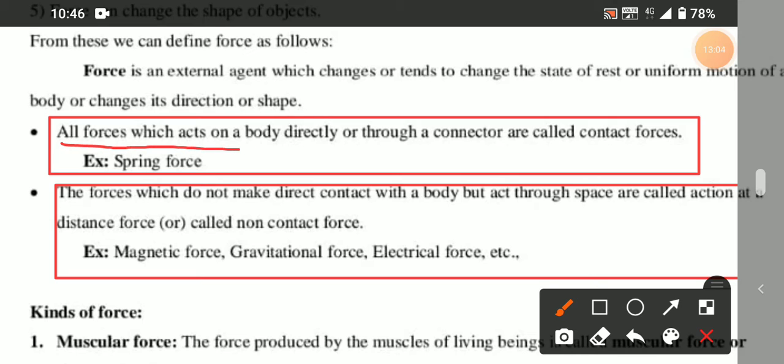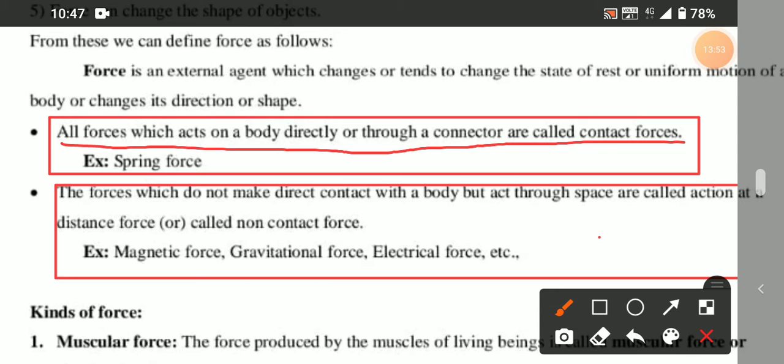All forces which act on a body directly or through a connector are called contact force. If all the forces act directly on only one body, or otherwise through a connector, those are known as contact force.